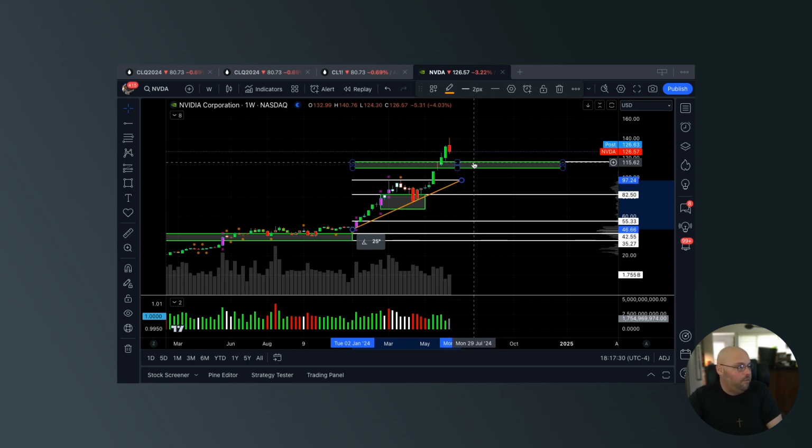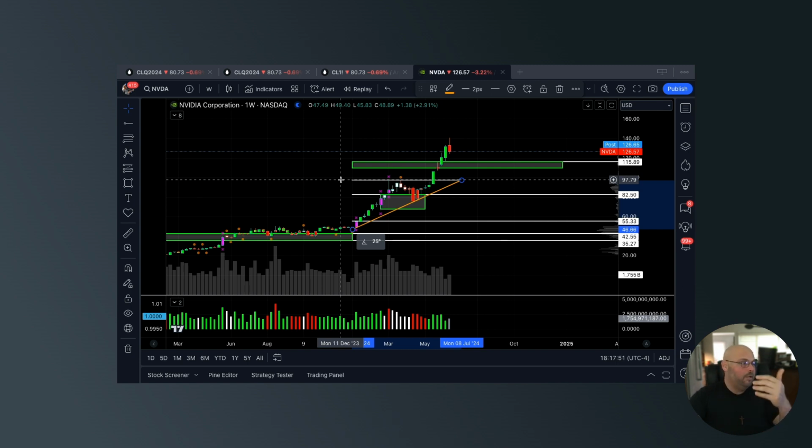So this would be the first area that I would potentially see it pulling back towards, this 116.5 down to roughly 109.5. If we broke that, I would then say, hey, we could potentially come back into this area here, roughly 97.5. Okay, so those are areas that we could see a correction come into play.